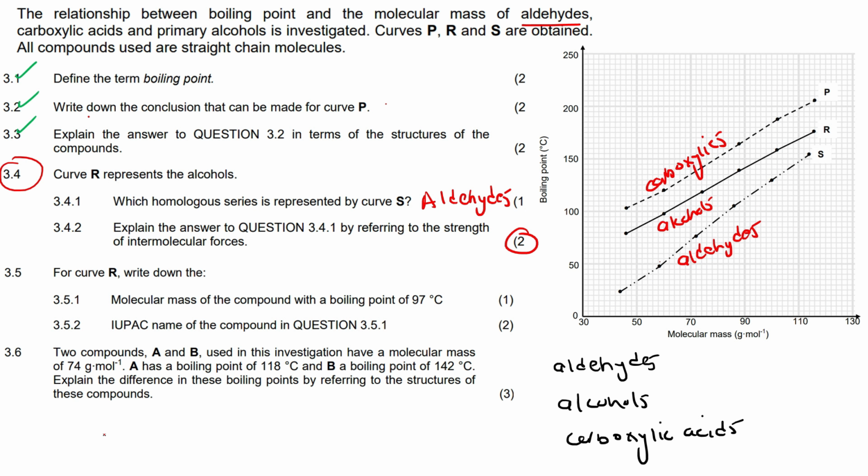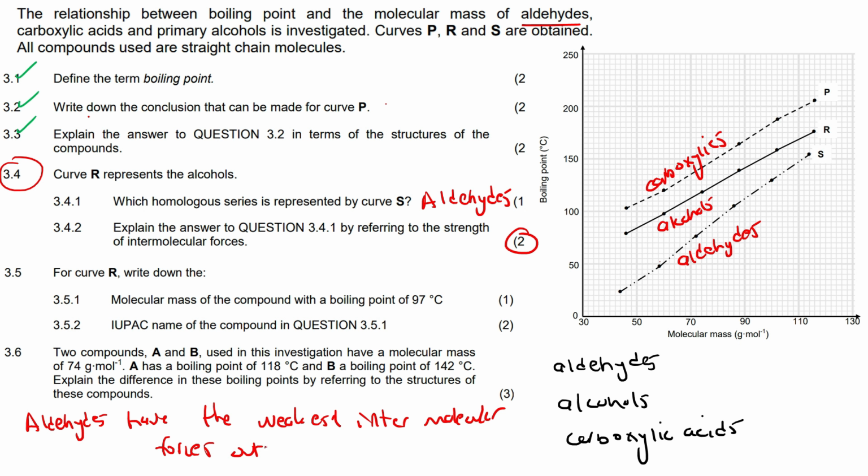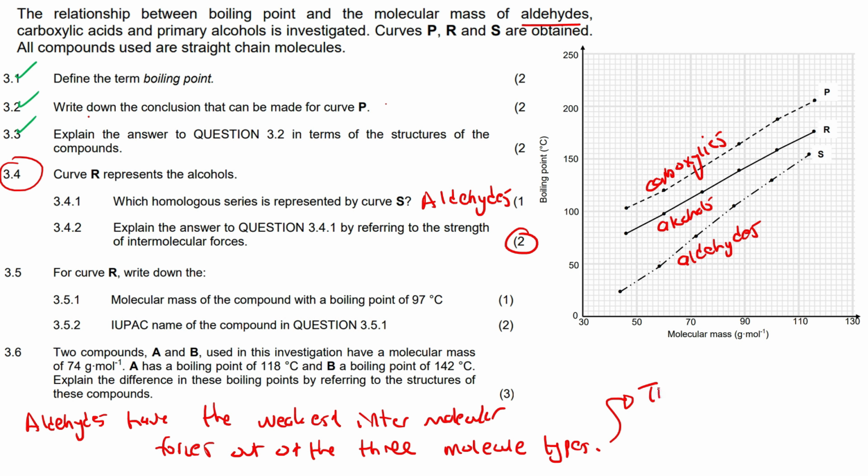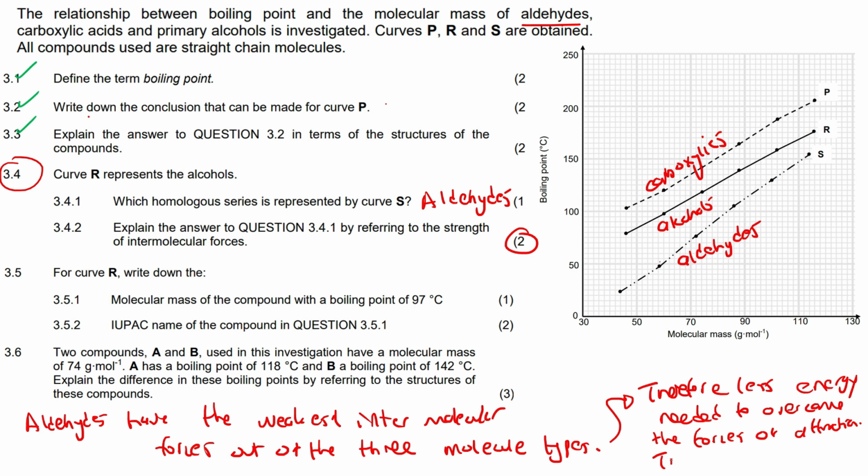We're just going to say that aldehydes have the weakest intermolecular forces out of the 3 molecule types, therefore less energy needed to overcome the forces of attraction. So they have the lowest boiling points.